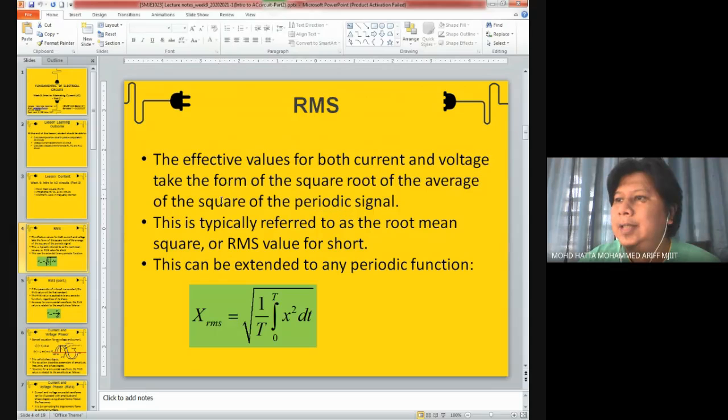Here it says that the effective value for both current and voltage takes the form of the square root of average.